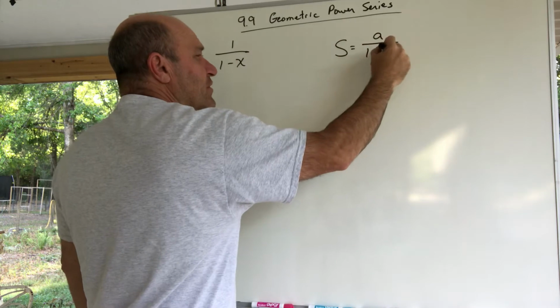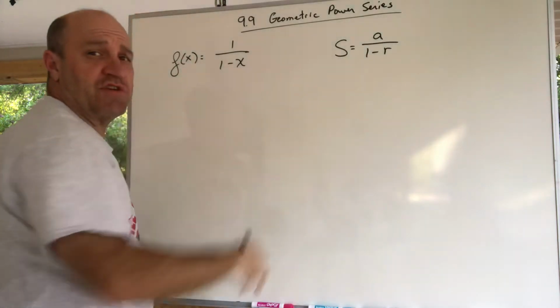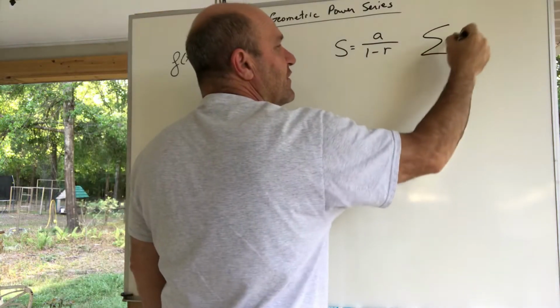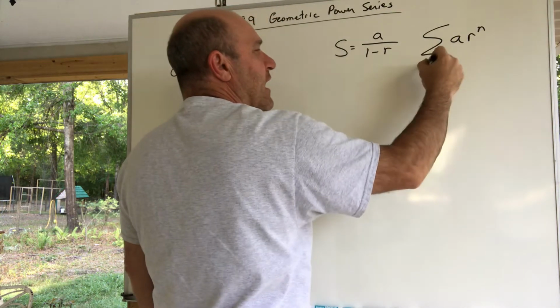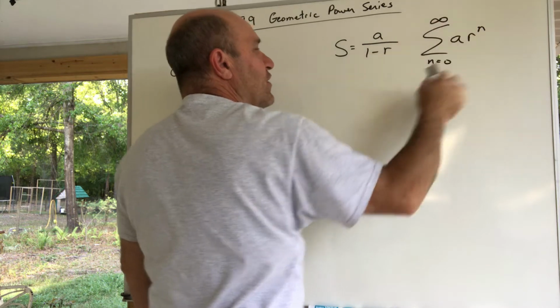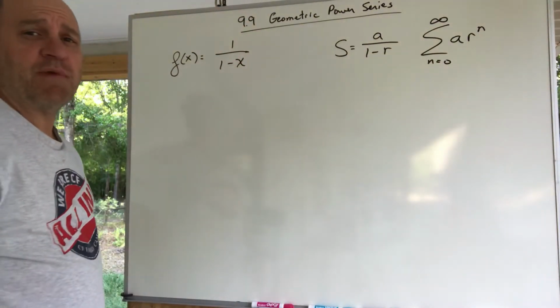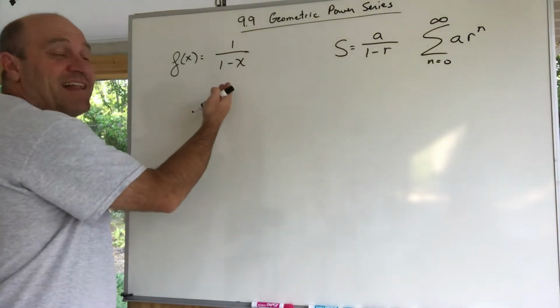You worked on the formula for the sum of a geometric series, when a geometric series has a first term a and an r to the n. This was the sum of the geometric series, and this looks a lot like that.